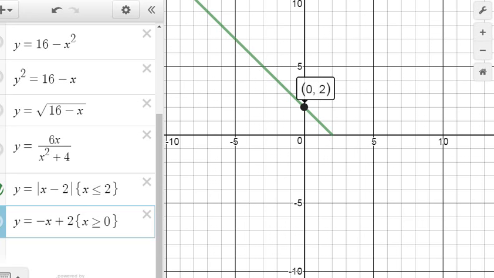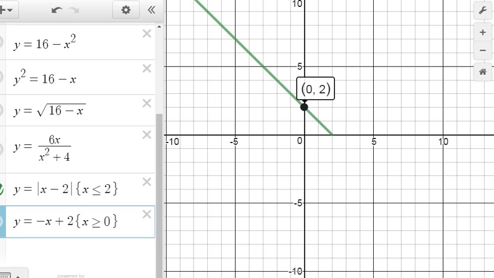So I'm going to cheat here. All right, so it looks more like a lemon than it does a circle. It's all right. Let's see here.